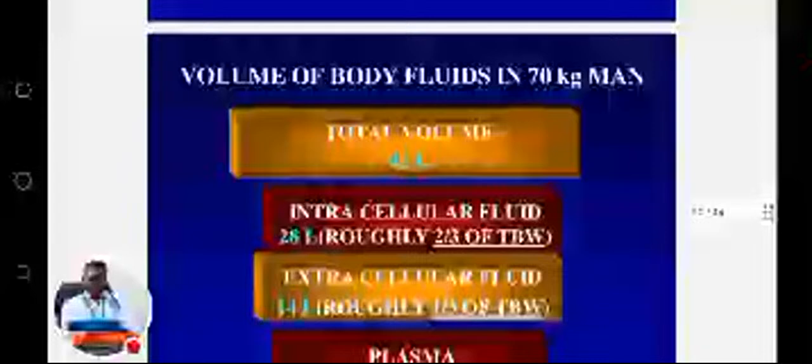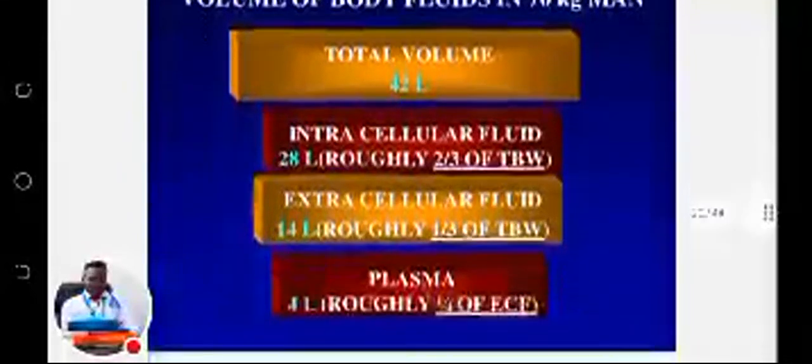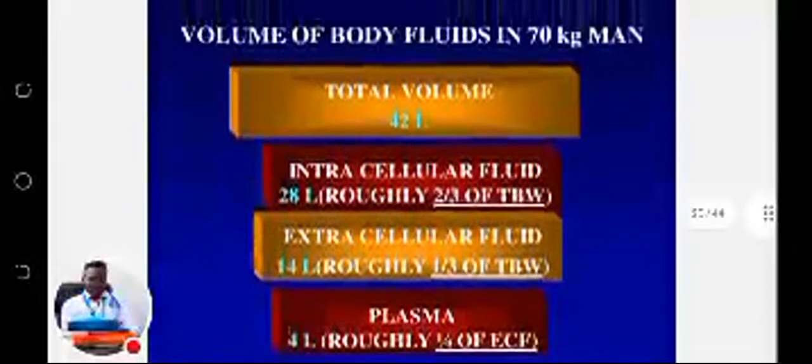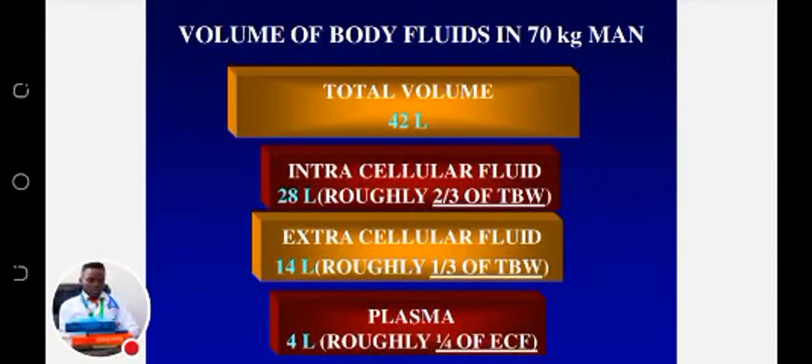Now, this brings us to the volume of the body fluid in a 70 kg man. So a 70 kg man has the total volume of 42 liters, and the intracellular fluid consists of 28 liters, which is 2/3 of the total body water.